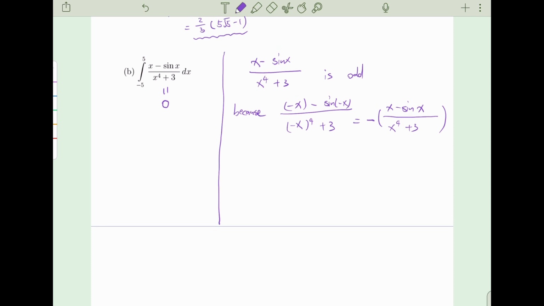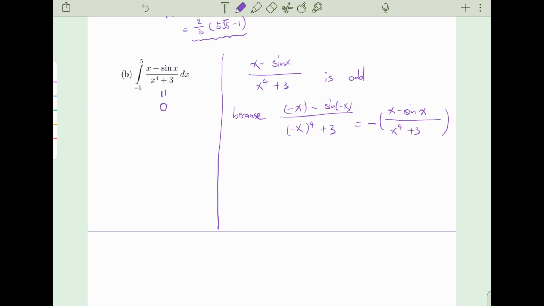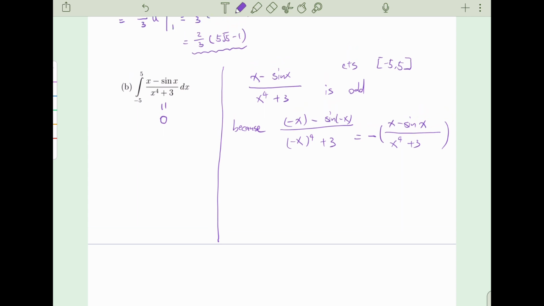Of course, we also need to mention that the function is continuous, right? Which is kind of obvious. This function has to be continuous on the interval -5 to 5, because the domain is all the real numbers, right?